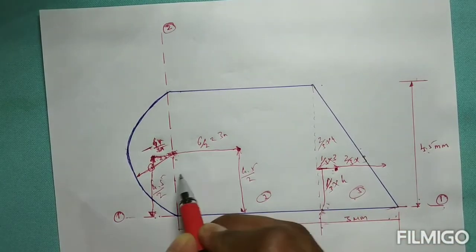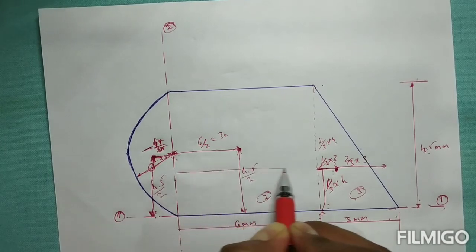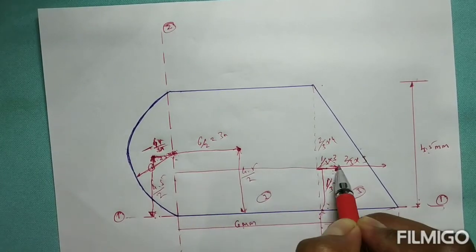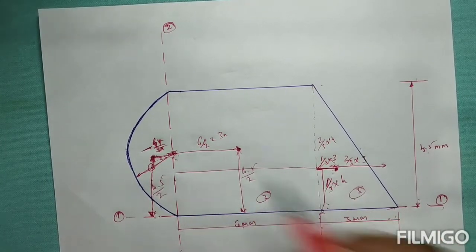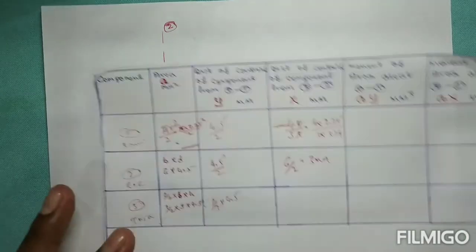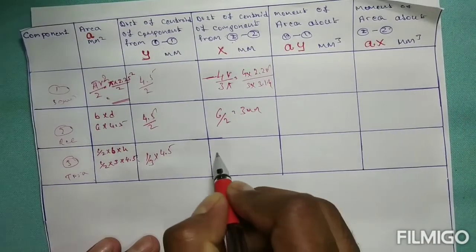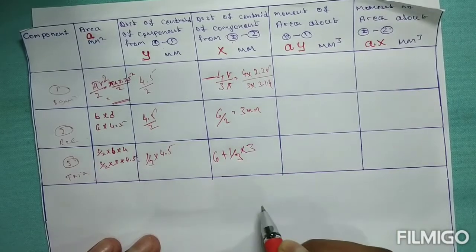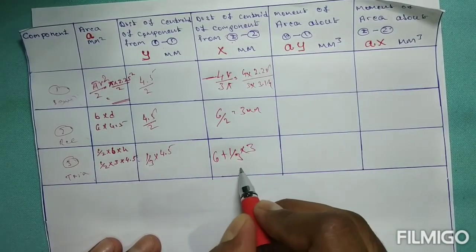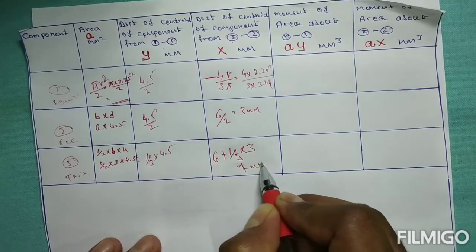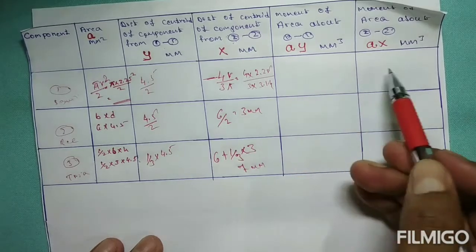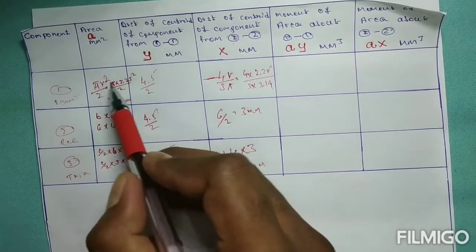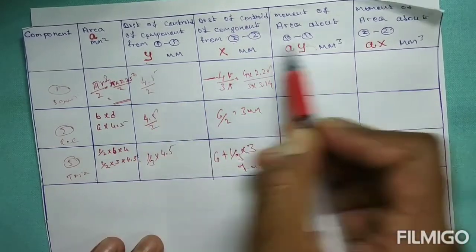So from here to here, 1/3 of 3 plus 6. So I will write 6 plus 1/3 of 3, so total 7.